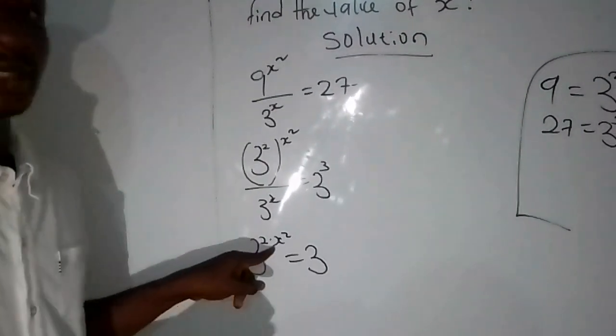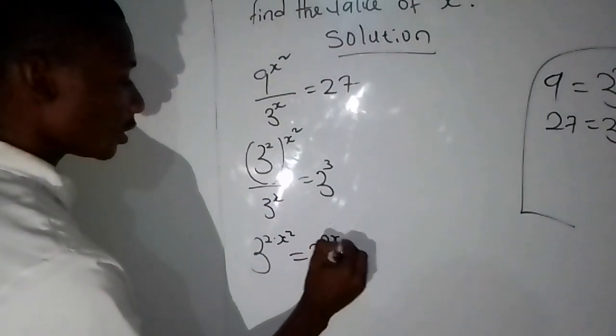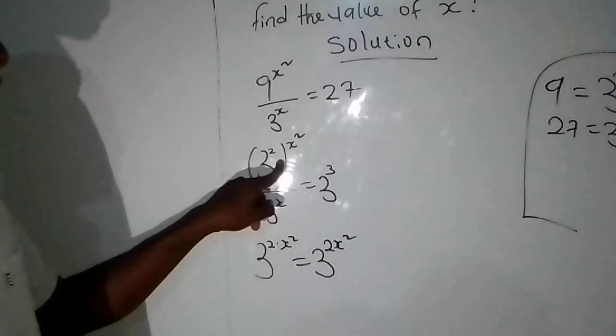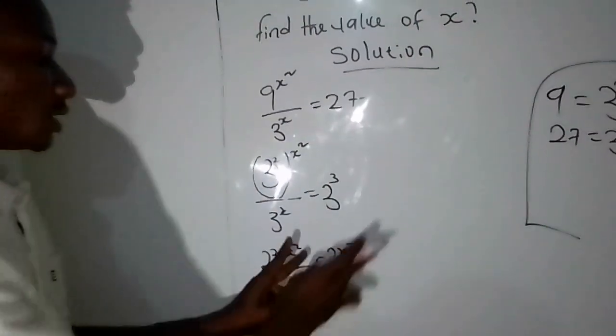The dot here simply means times. So now 2 times x squared simply gives us 2x squared. Everything we have here on the numerator, this is the expression of this.